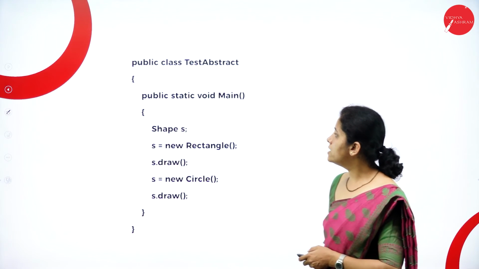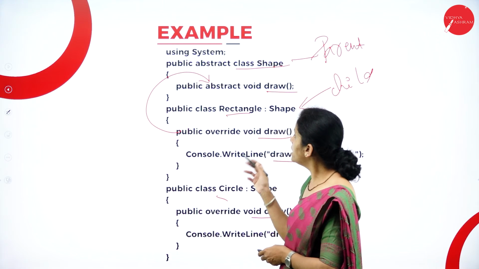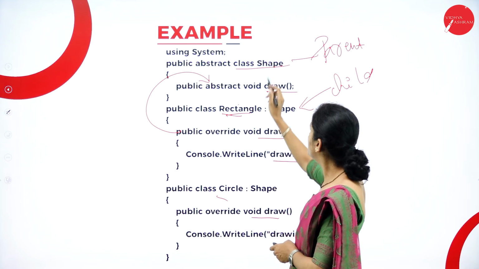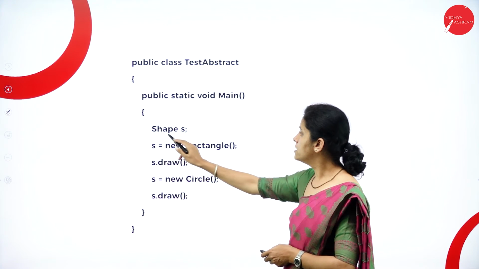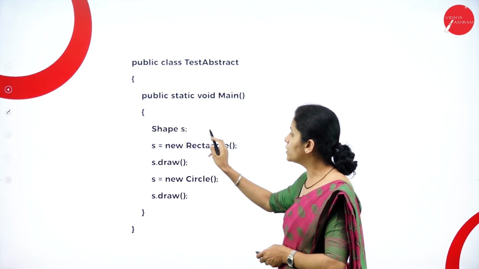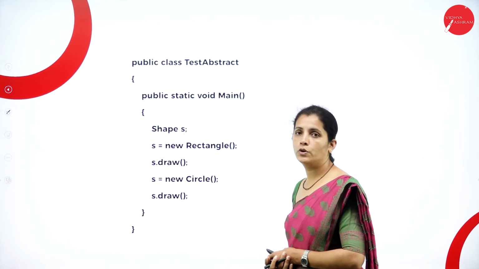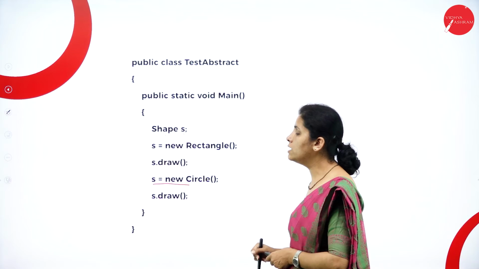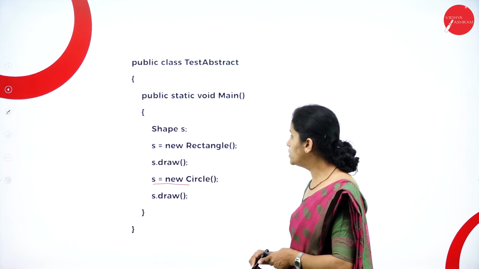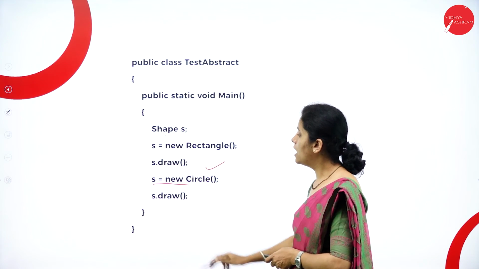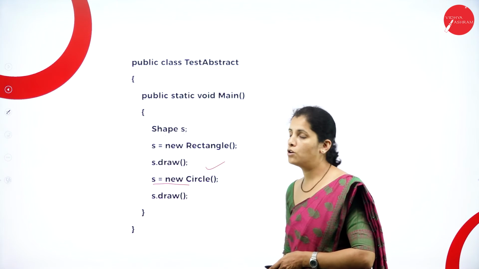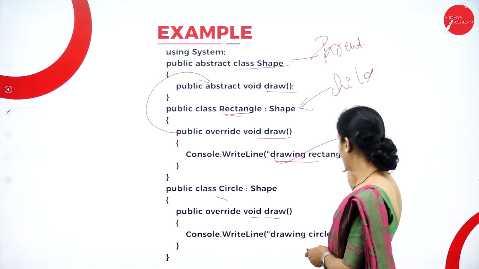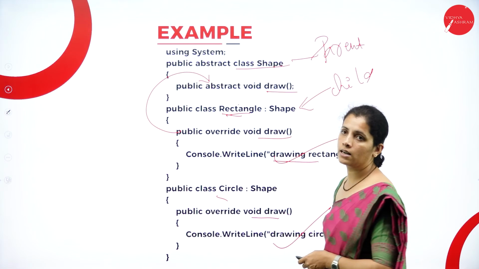Now, see here, I'm going to create the object for Shape. Shape S equal to new Rectangle, and I'm going to call S.draw, and then S equal to new Circle, and I'm going to call S.draw. And what is the answer? I'm going to get drawing rectangle and drawing circle.